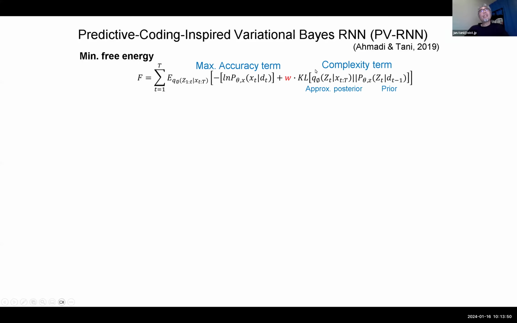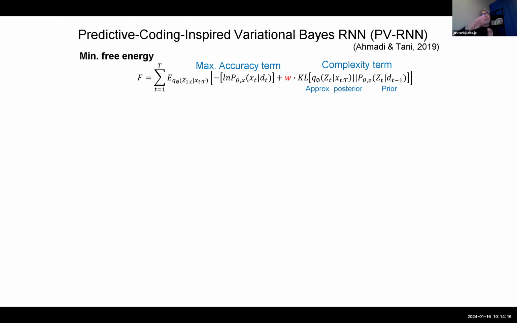The complexity term is usually more difficult, but in this case it is the KL divergence between the approximate posterior and the prior. In a more intuitive way, the prior is the top-down pathway and the posterior is the bottom-up one.